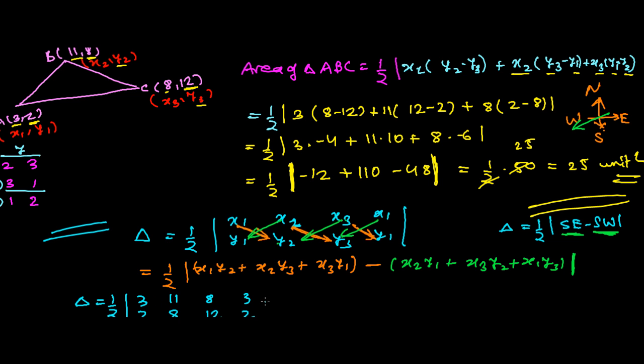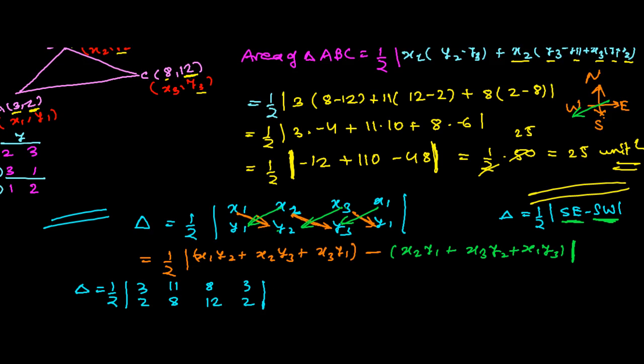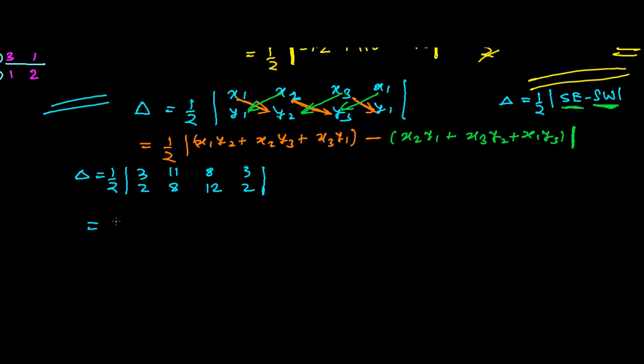That's 3 2. Now see how easy it's going to be. 1 by 2, first I'm going to do all the southeast. So 3 into 8 plus 11 into 12 plus 8 into 2.